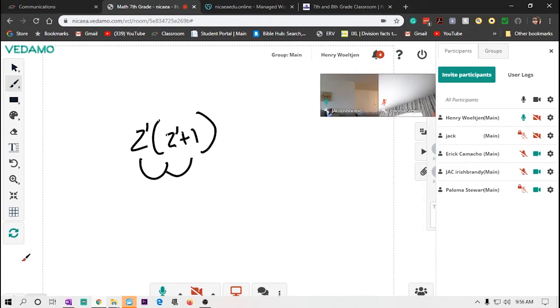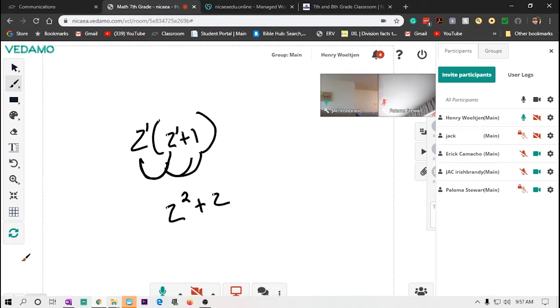All right, so you have Z to the second power plus Z is your answer. Why is that? Because you're distributing. Right? You're taking Z to the first power, you're distributing it to Z to 1, right? And what you end up with is Z times 1, right? So when we distribute the Z to the first power to this, we end up with Z to the first power times Z to the first power, which is essentially just Z to the second power, right?